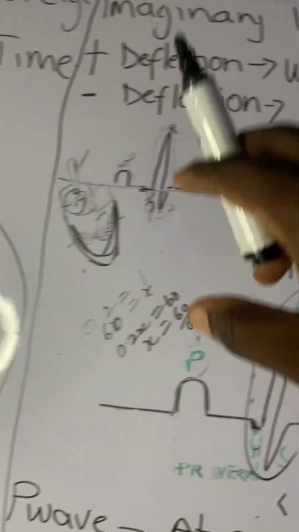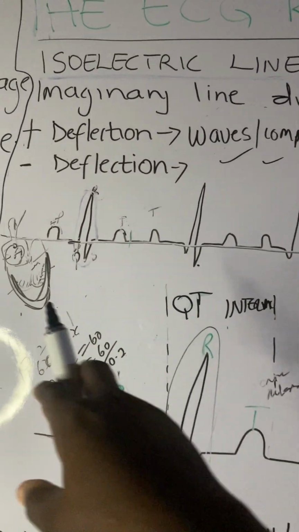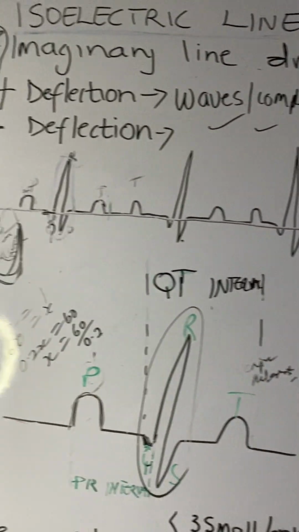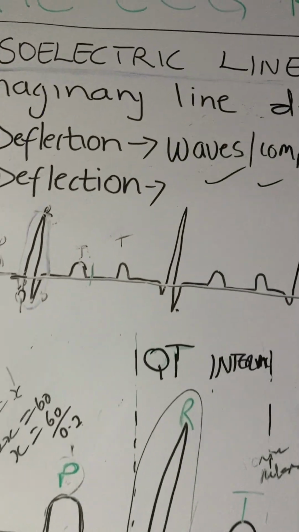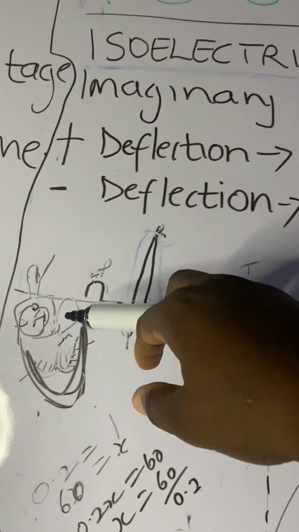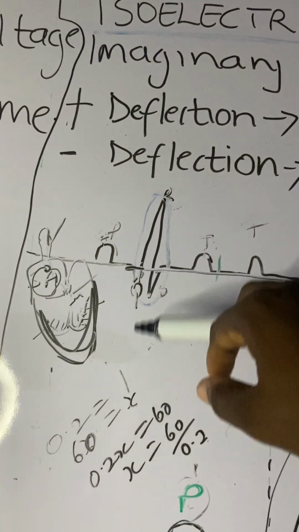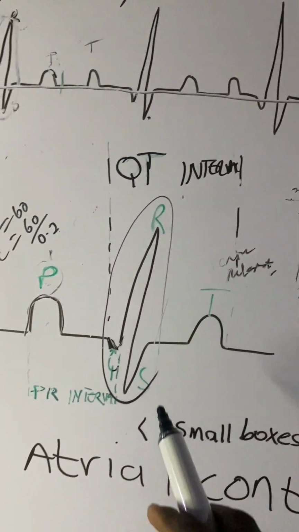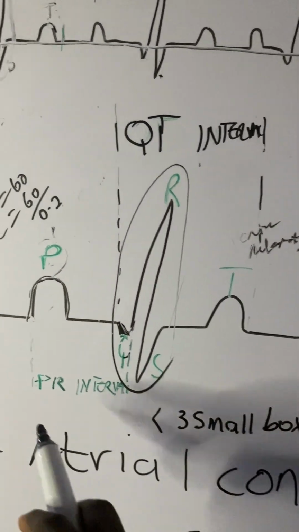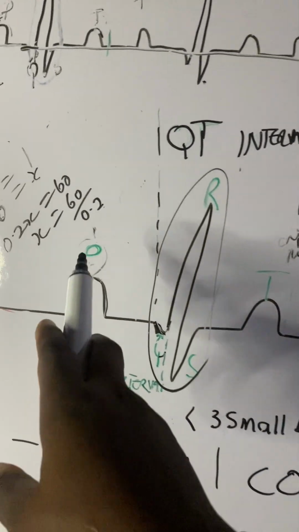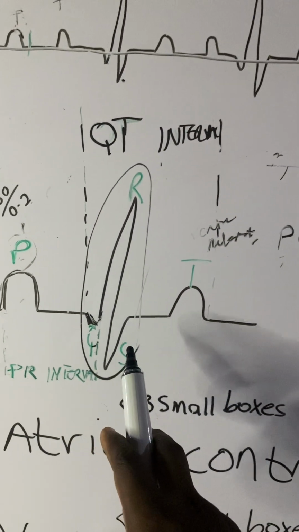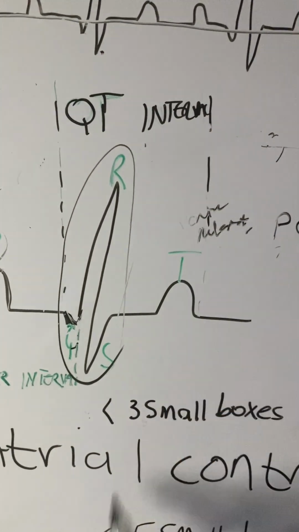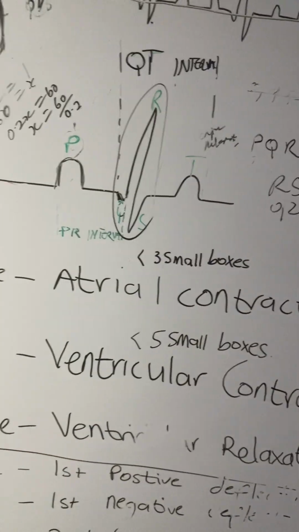Now back to what an isoelectric line means. We said this is a horizontal or imaginary line drawn through the rhythms, and anything above it is positive, anything below it is negative. We came down to the PQRS complex and said this is atrial contraction, the whole QRS is ventricular contraction, and the T is ventricular relaxation.